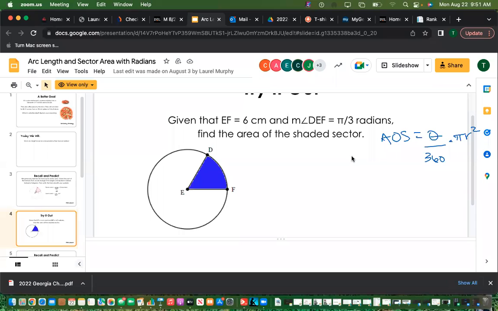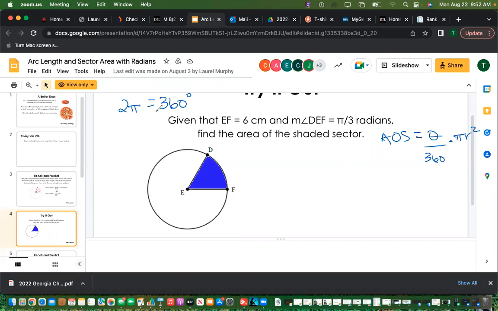We talked on Friday about radians, and about how radians can be related to degrees. So we found out that 360 is the same thing as 2 pi. Does that make sense?